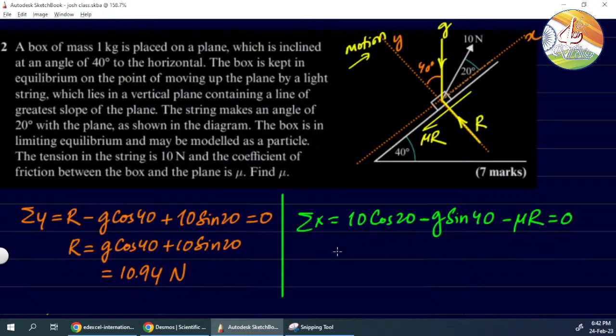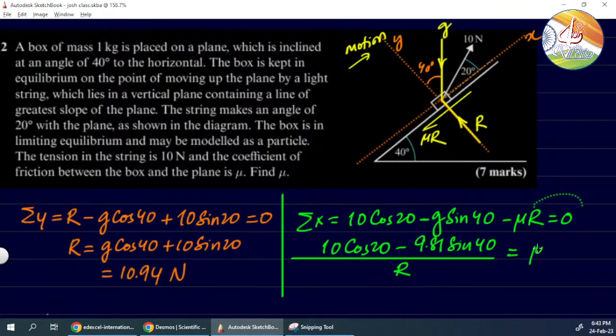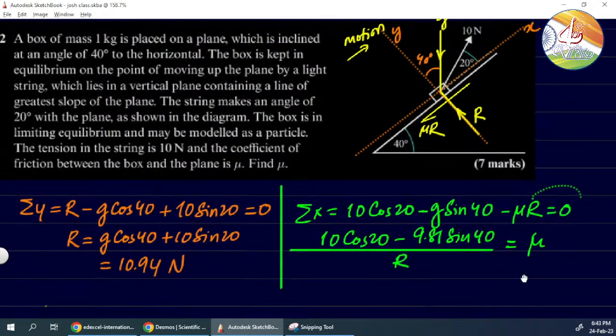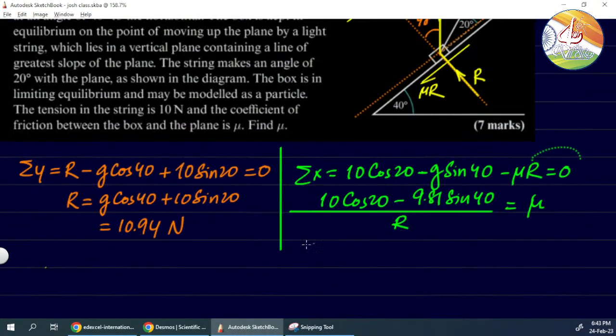R value is known. Let us substitute it. Mu is the only unknown. So we have to find it. So 10 cos 20 minus 9.81 sine 40. This term, take it to the other side, divided by r will give us value of mu. R value we know, we can substitute from here. So mu value is how much?